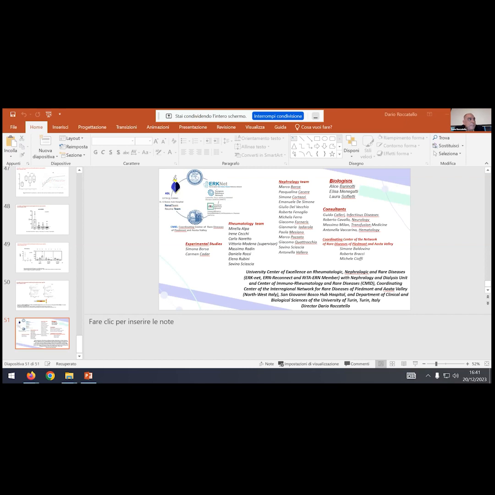The experience is not so common all over the world, because very few groups usually detect anti-rituximab antibodies. We are one of these groups, and we have detected rituximab antibodies for many years.